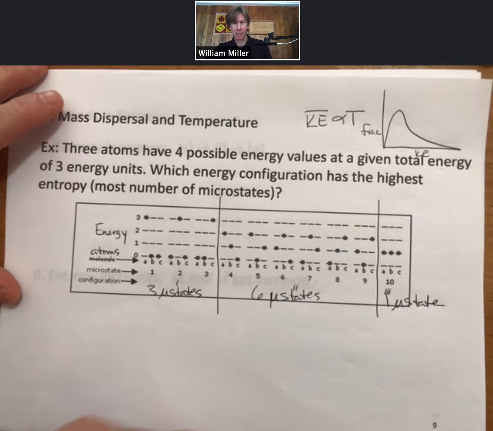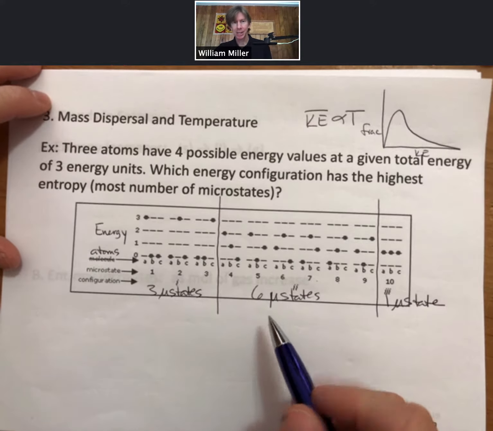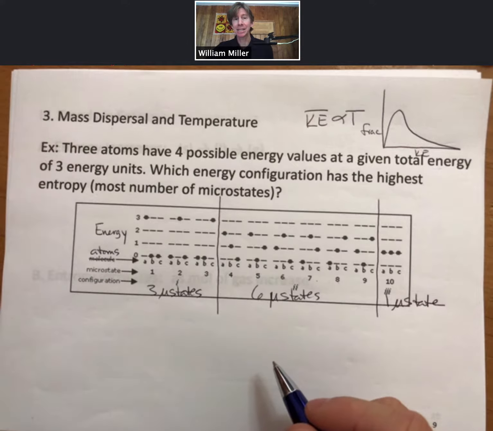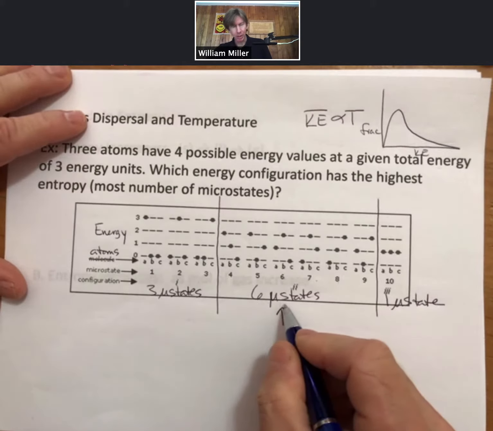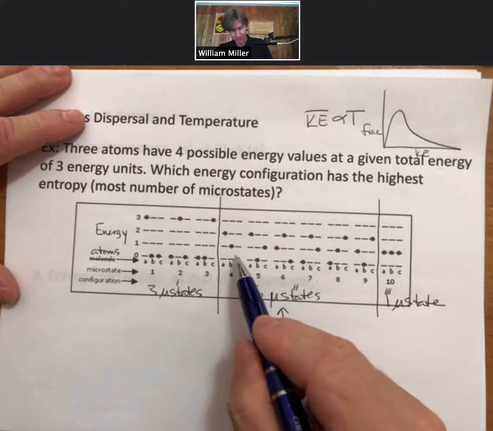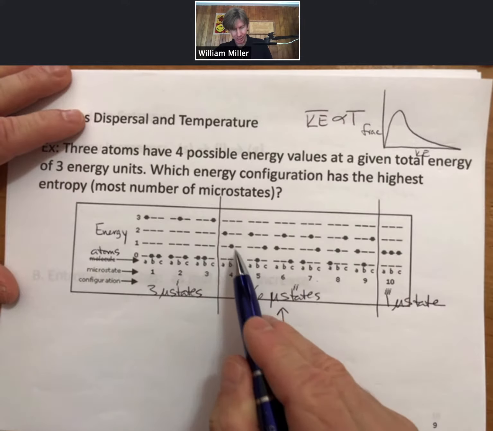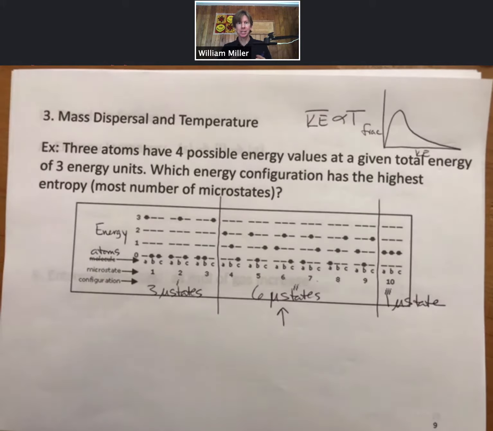Now, according to what we've said about entropy, the highest entropy state, which is the most probable, will be the one with the most microstates. What you can see is there's a 2, a 1, and a 0, so they fill the most different levels. The energy has been spread out over the energy states.